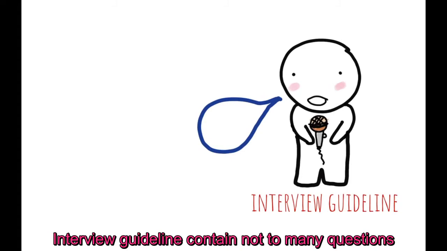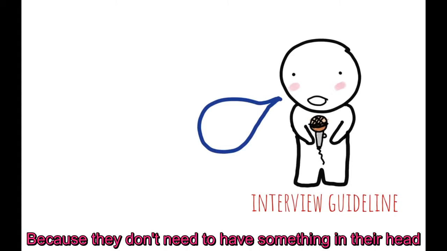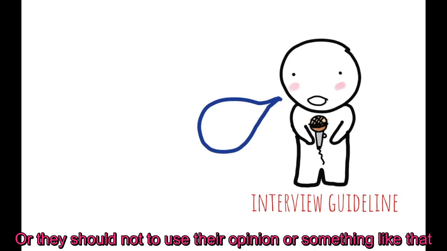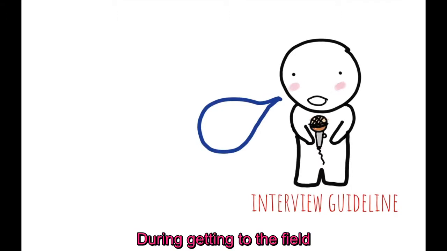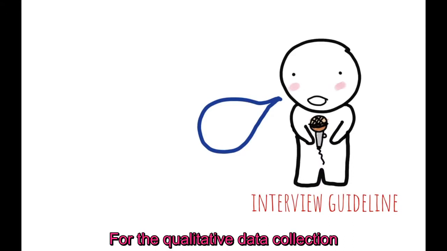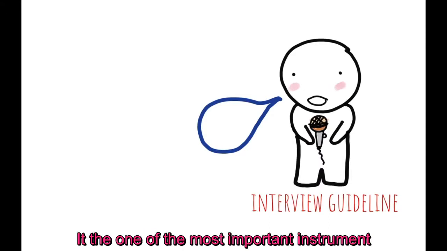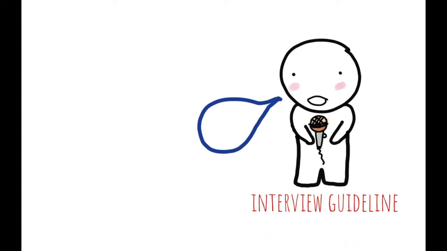Interview guidelines contain not too many questions because researchers should not use their own opinions during qualitative data collection in the field. So the interview guideline is one of the most important instruments for qualitative researchers.